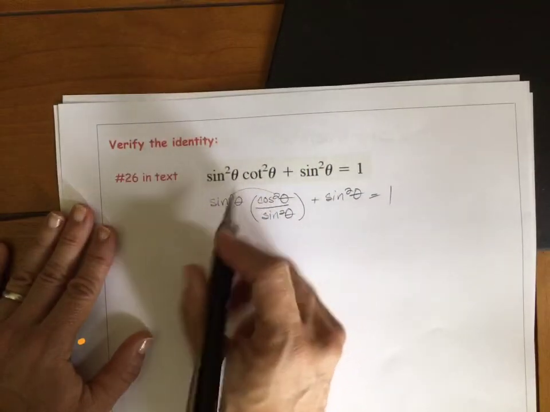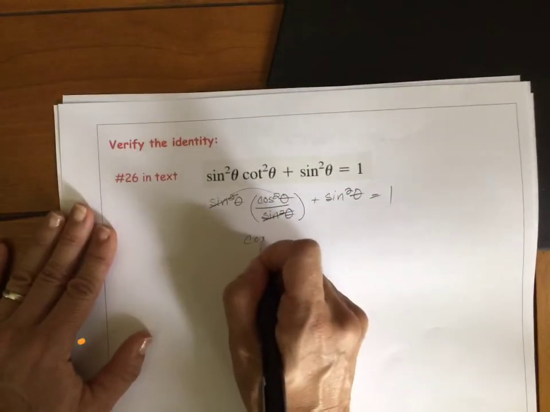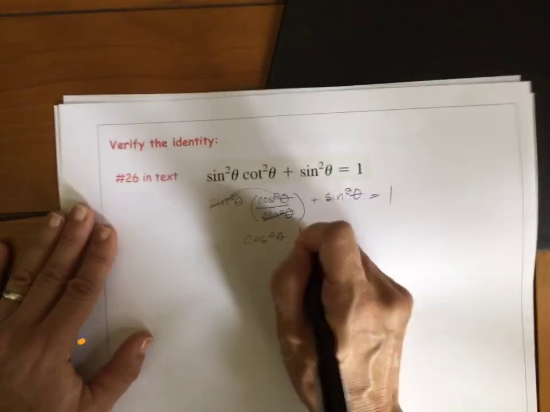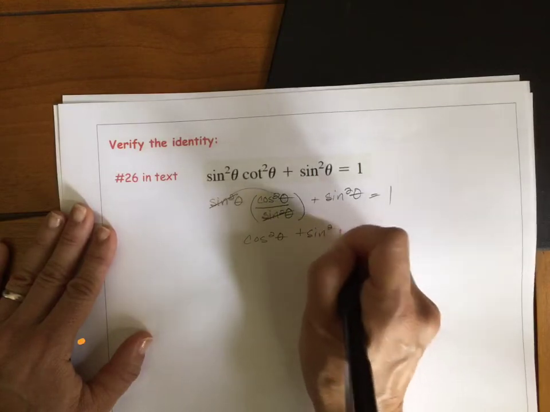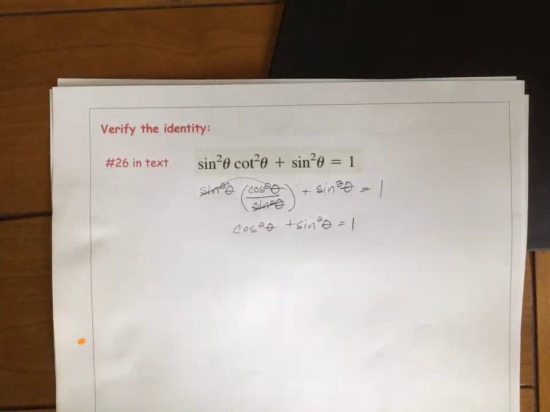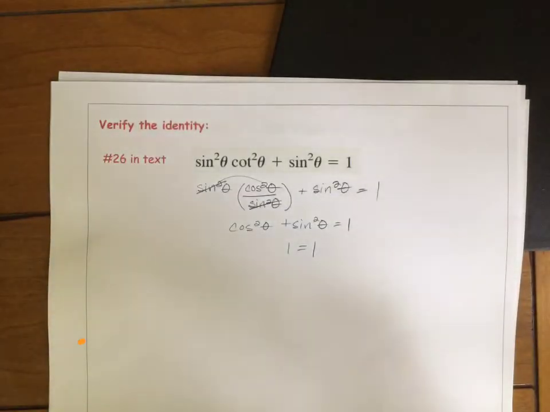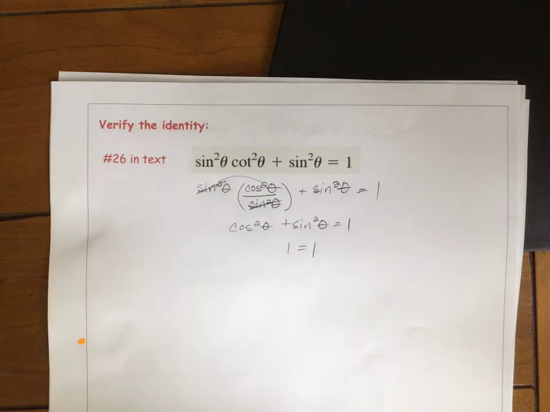So when I multiply here, notice the sines are going to cancel out, and I'm left with cosine squared theta plus sine squared theta equals 1. And that's your most common Pythagorean identity, so then we can go ahead and say 1 equals 1. That one was a little bit easier.